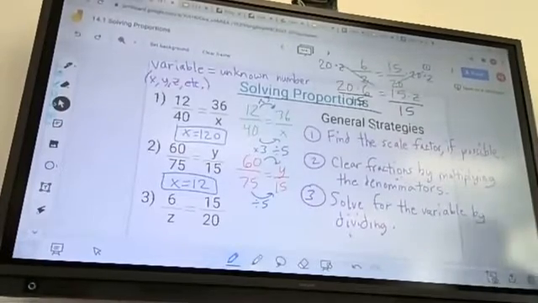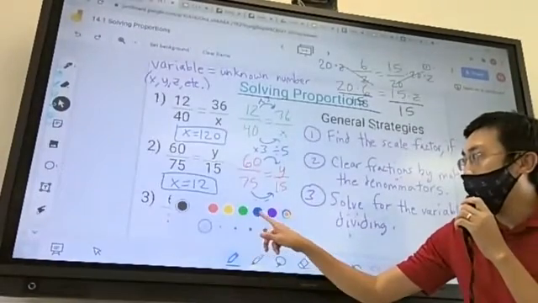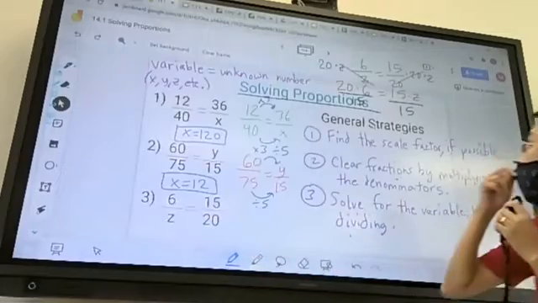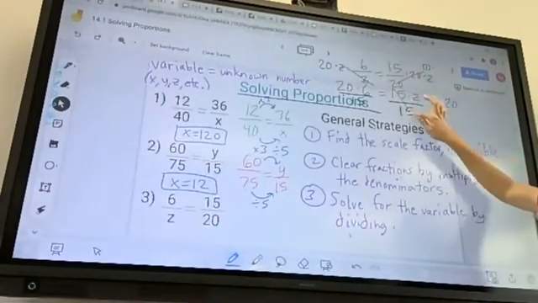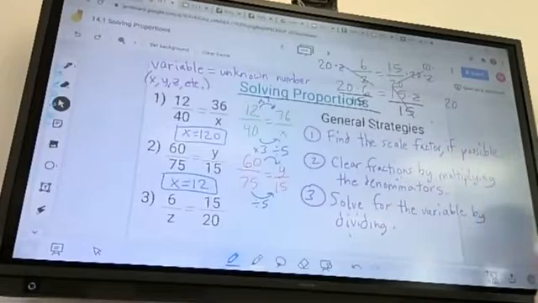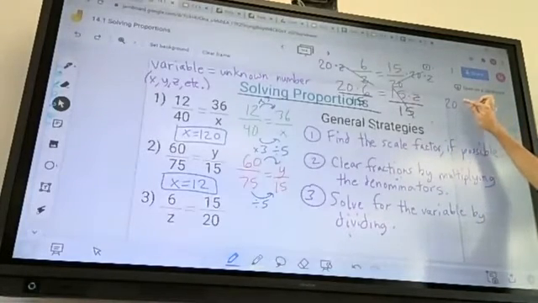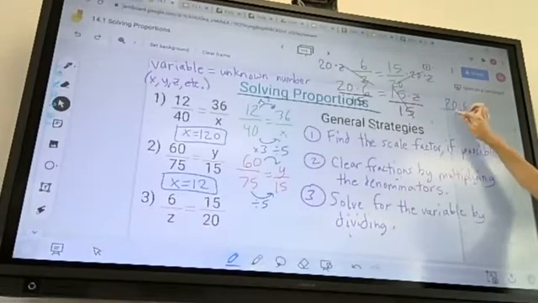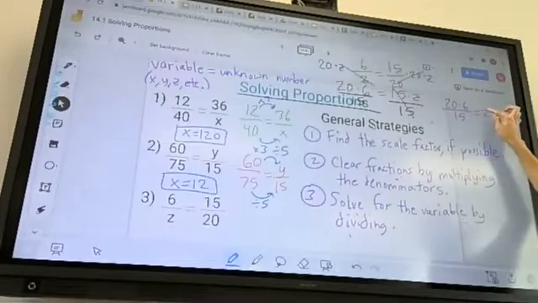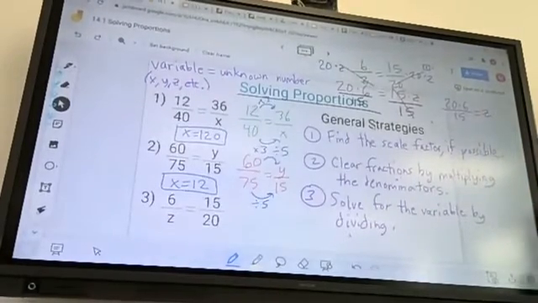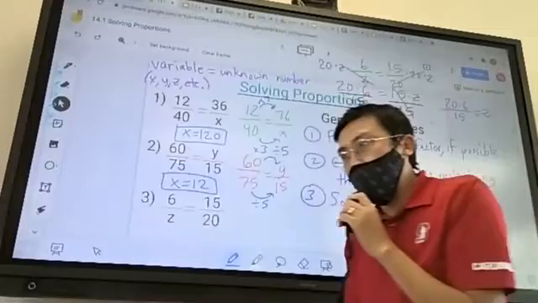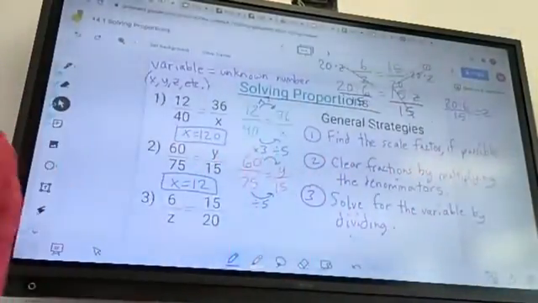And now our new problem is going to be 20, the 15 divided by 15, they cancel out. So 20 times 6 divided by 15 equals z. 20 times 6 is going to equal 120.